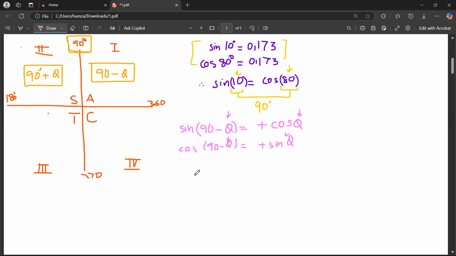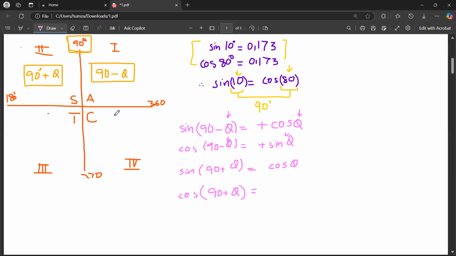Now, sin 90 plus theta will give you cos theta, and cos 90 plus theta is equal to minus sin theta. Notice here sin 90 plus theta is positive.